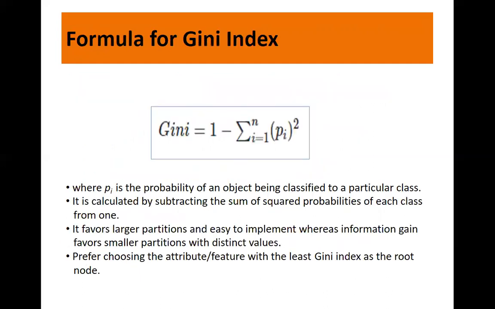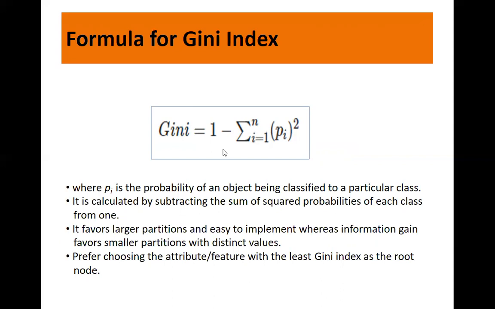Right? Now, let's look at the formula for Gini index. So Gini is equal to 1 minus summation of i equals 1 to n Pi square, right? Where Pi is the probability of an object being classified into a particular class. Remember, it is the probability of an object being classified into a particular class. It is calculated by subtracting the sum of squared probabilities of each class from 1, right?